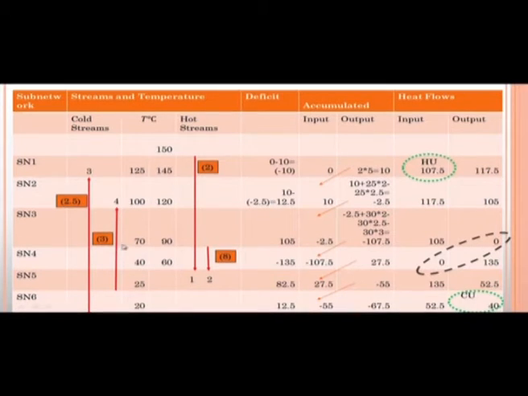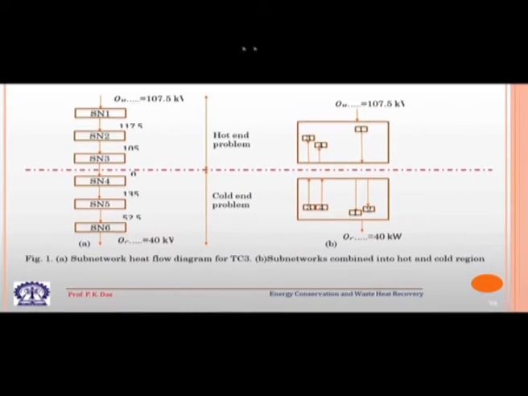So, we can see that the pinch point temperature is 70 and 90, which is exactly the difference of 20 degrees Celsius. So, this is quite some achievement, and now we can show that we have got HN1, HN2, HN3.